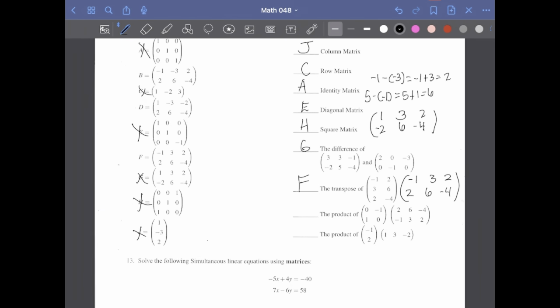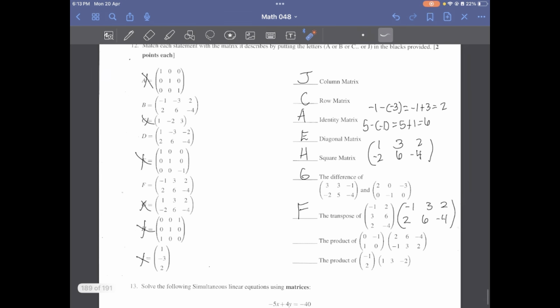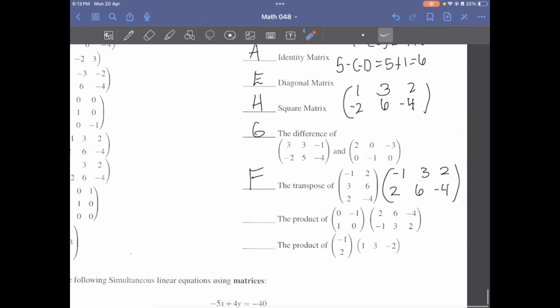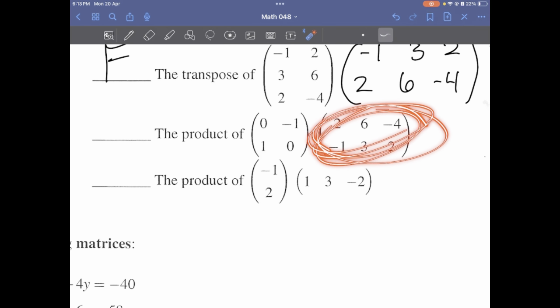The product of, so we're multiplying two matrices. Our end result is going to be 3 by 2, just not the same numbers, right?